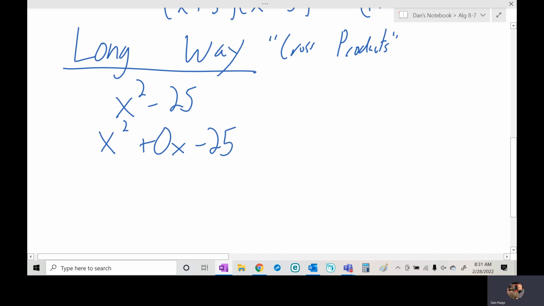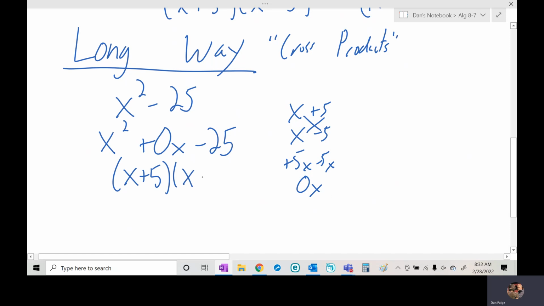And then we can do cross products like we've already done, right? What are factors of x squared? x and x. What are factors of negative 25? Positive 5 and negative 5. And when we do the cross products, plus 5x, minus 5x, 0x. We've got it. But here's the thing.